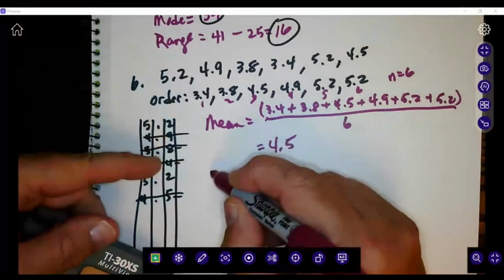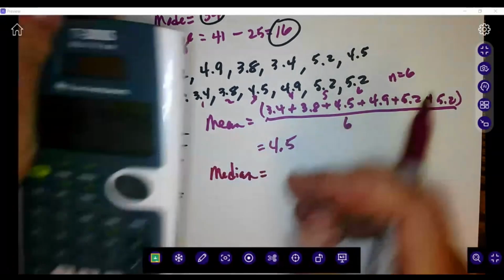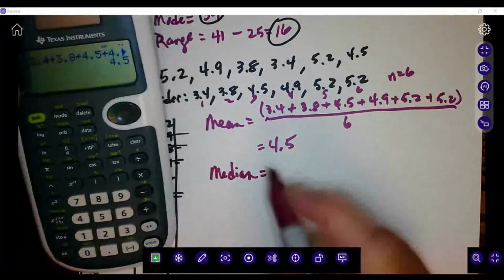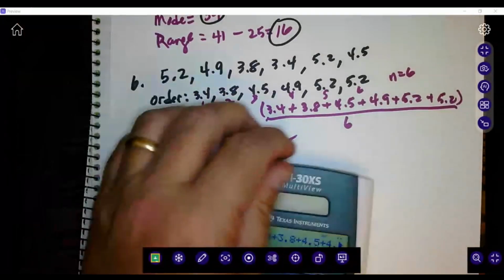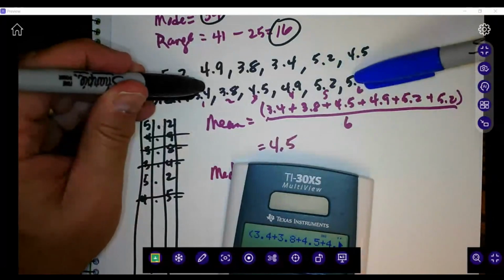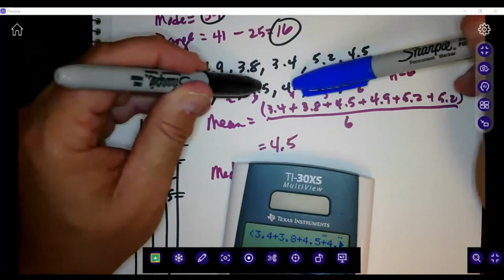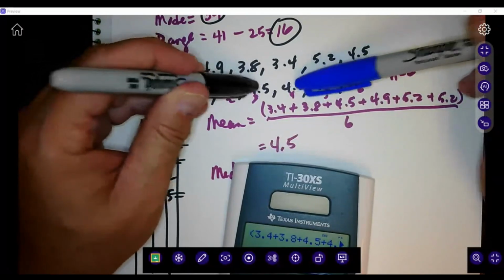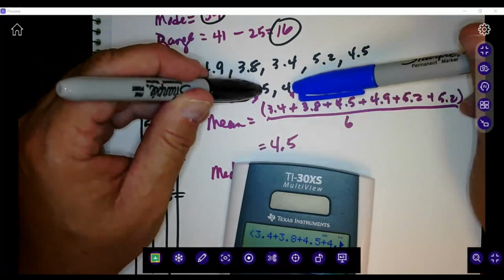All right. Our next value that we're going to find is median. Median is middle. So if we go to the middle, starting with the ends, there is no one middle value. Our two middle values are 4.5 and 4.9 because we have an even number of items.